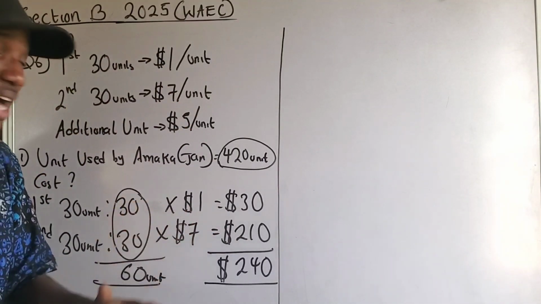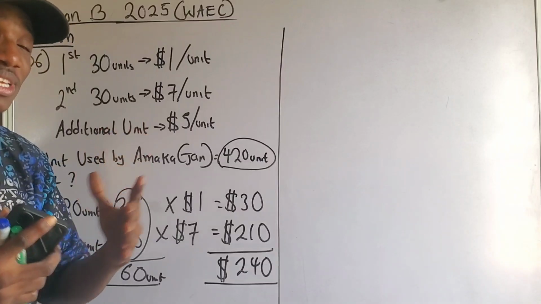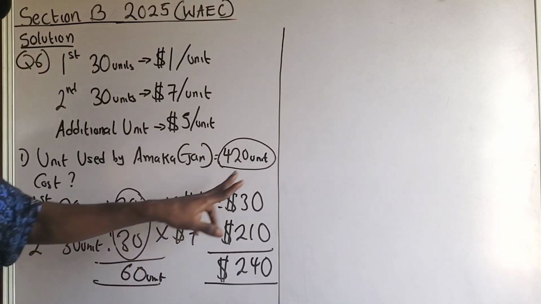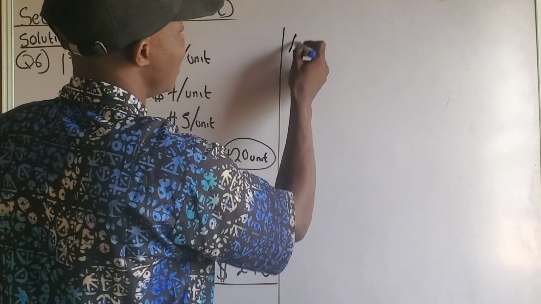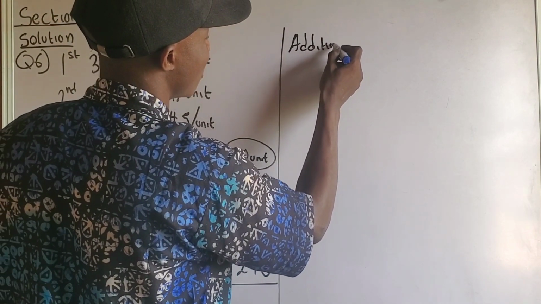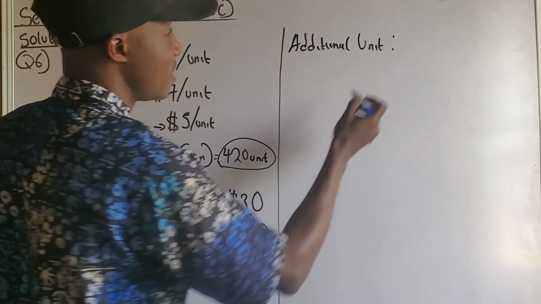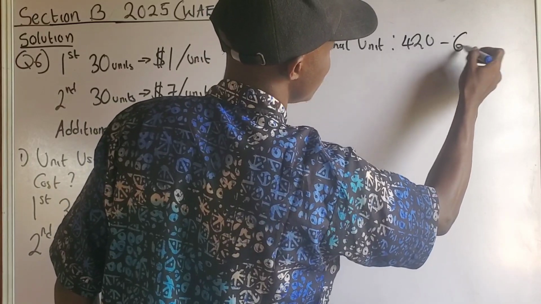To get the additional units consumed by Amaka, I need to subtract 60 from 420. Additional units consumed by Amaka will be 420 units minus 60 units.